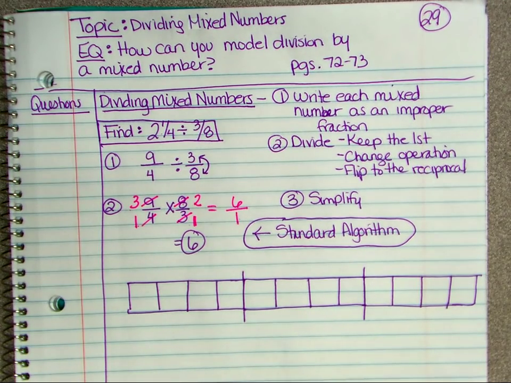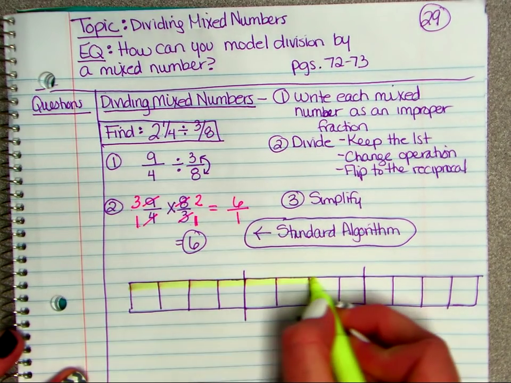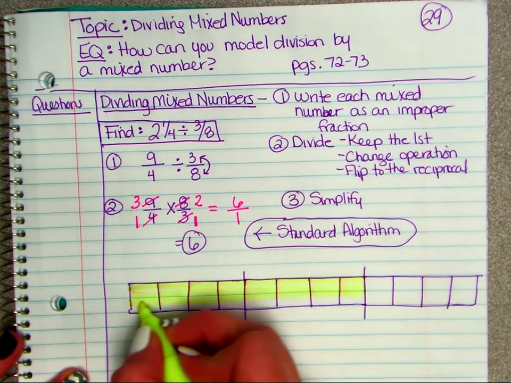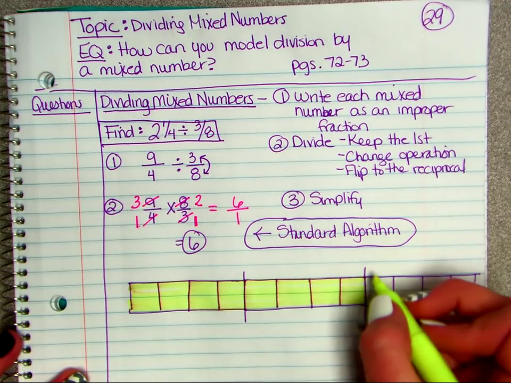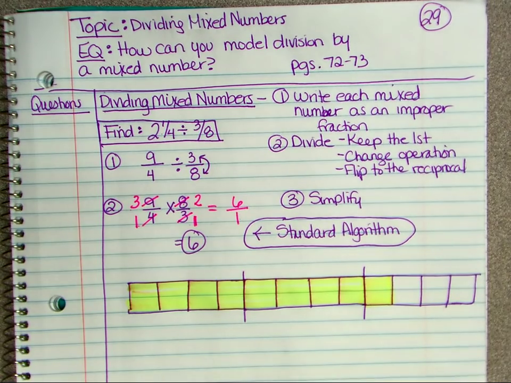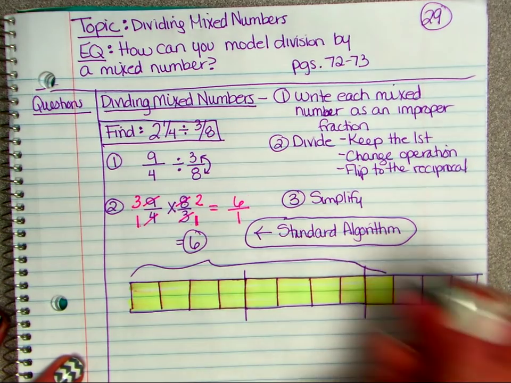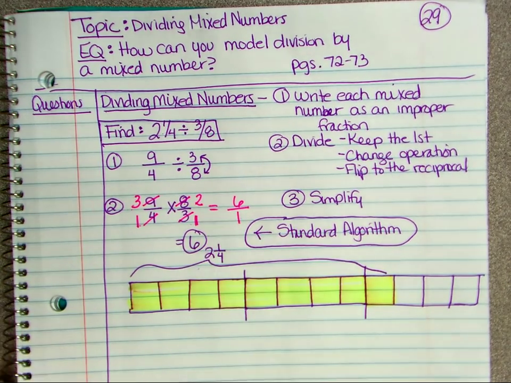And I'm going to show that I have 1, 2 wholes, and then I've got 1/4 more, so that would be this piece right here. And from here to here signifies 2 1/4.